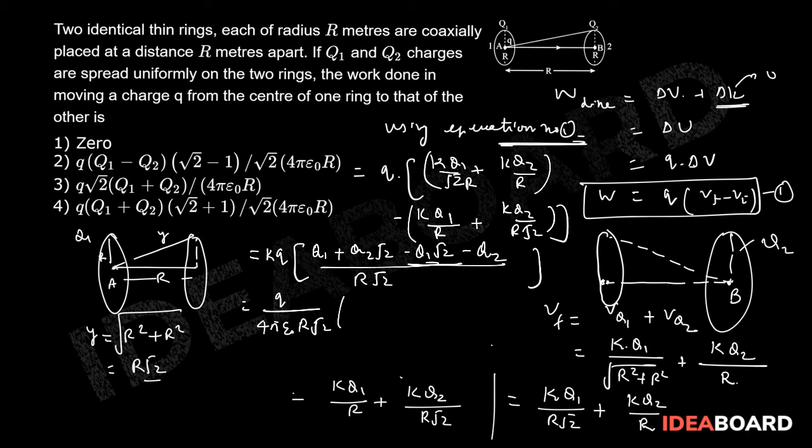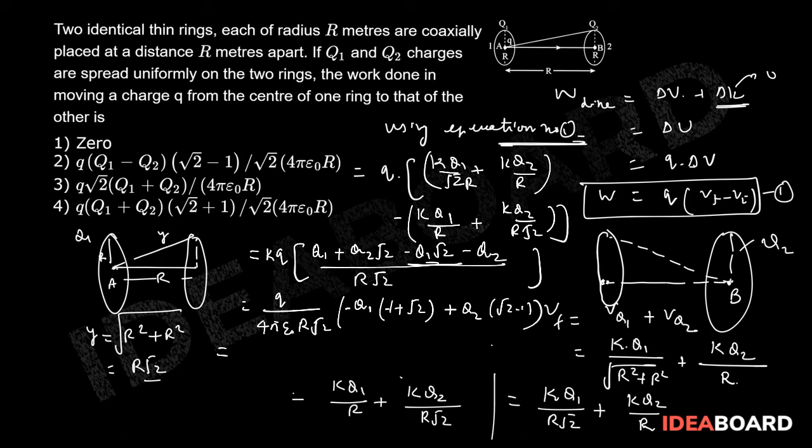From q1 you can take common 1 minus root 2, or you can take minus, so this will be root 2 minus 1, and plus q2 root 2 minus 1. Perfect.